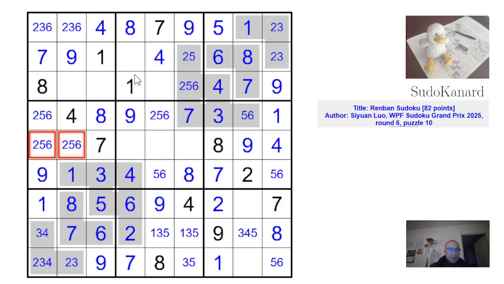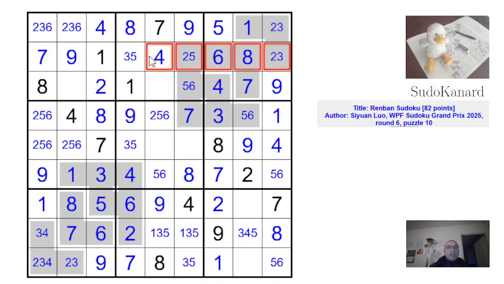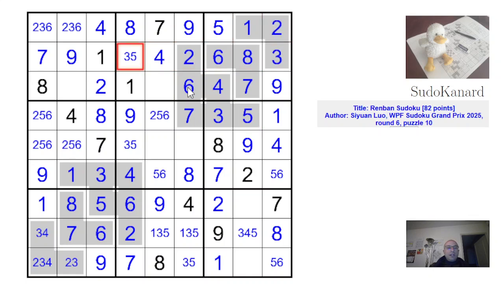This column still needs 3 and 5. Right, this column still needs a 2. So that's not a 2. And actually, this row has the 5 in here, so that's not a 5, that's a 6. Which means that this is 5, this is 2, and this resolves a lot.